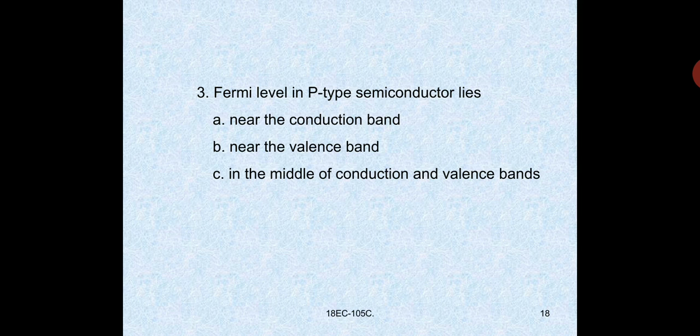B. It lies near the valence band. Next one: minority carriers in the p type are electrons or holes? Electrons. Because P itself means positively charged, that means the majority carriers are holes.